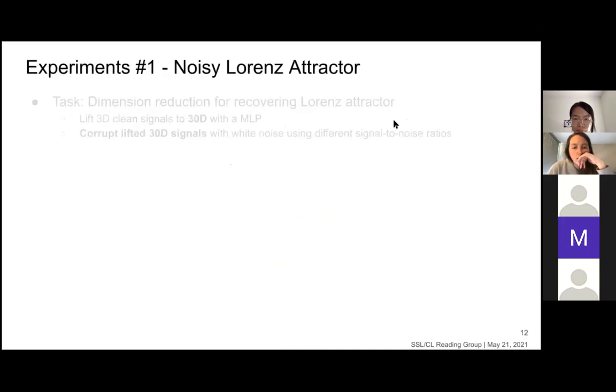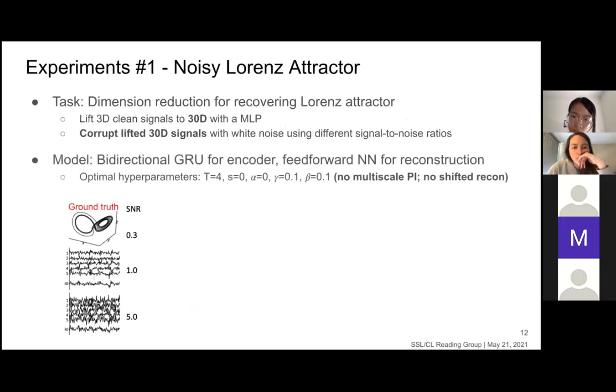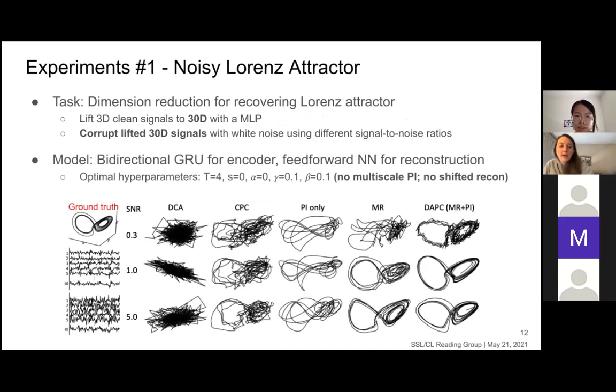Got it. So beta and gamma here are relatively small compared to the PI term. Yes. Okay, cool. And T is the time window. They use a time window of 4 seconds, I believe, for this particular experiment.